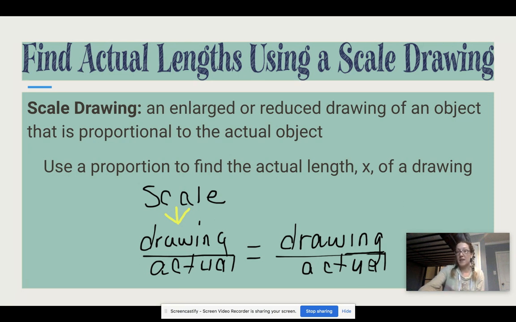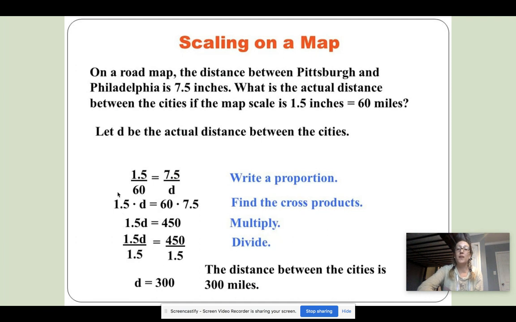So let's look at an example. So we have an example here of scaling on a map, right? So you'll notice it tells you outright that the map scale is 1.5 inches is equal to 60 miles. So that's your scale. That's why it's written over on that left-hand side of your proportion.